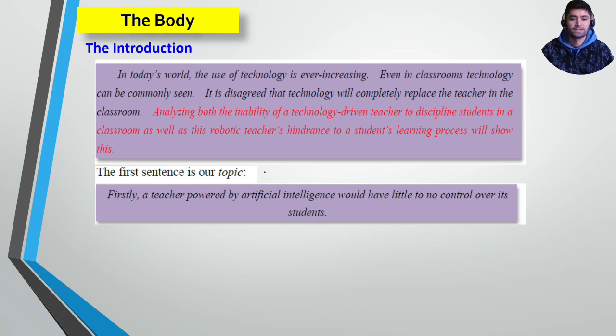Next comes the body paragraph. For the body, this is the topic sentence, the first sentence of the body paragraph. Firstly, a teacher powered by artificial intelligence would have little to no control over its students.